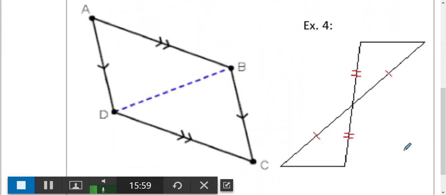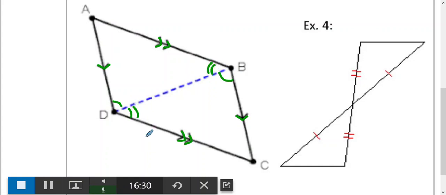Okay, let's look at our next example. Our tick marks that were given here show us that we have two sets of parallel lines. Okay, we're going to use those parallel lines to use some of our relationships that go with parallel lines, like alternate interior, alternate exterior. We're going to prove that those are the same. So we would use those to show that we had congruent angles.